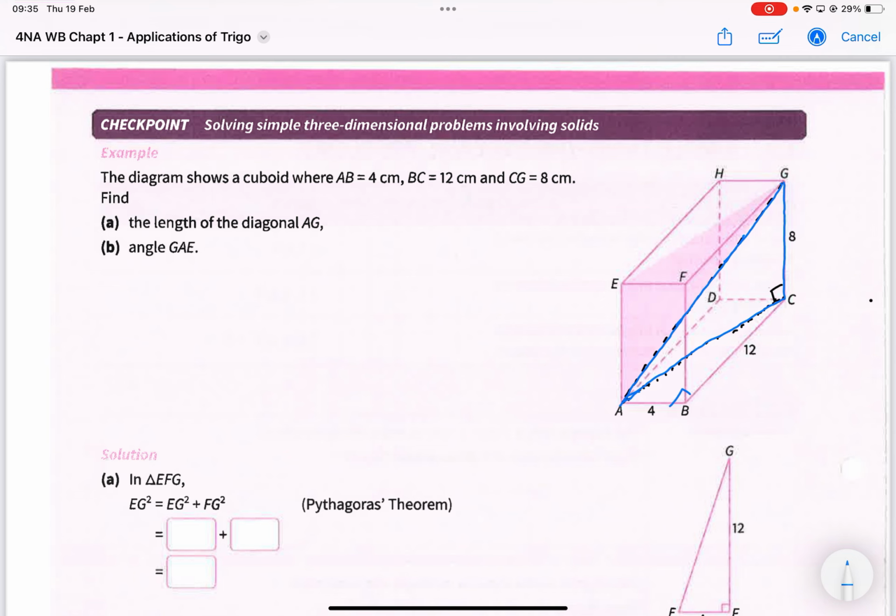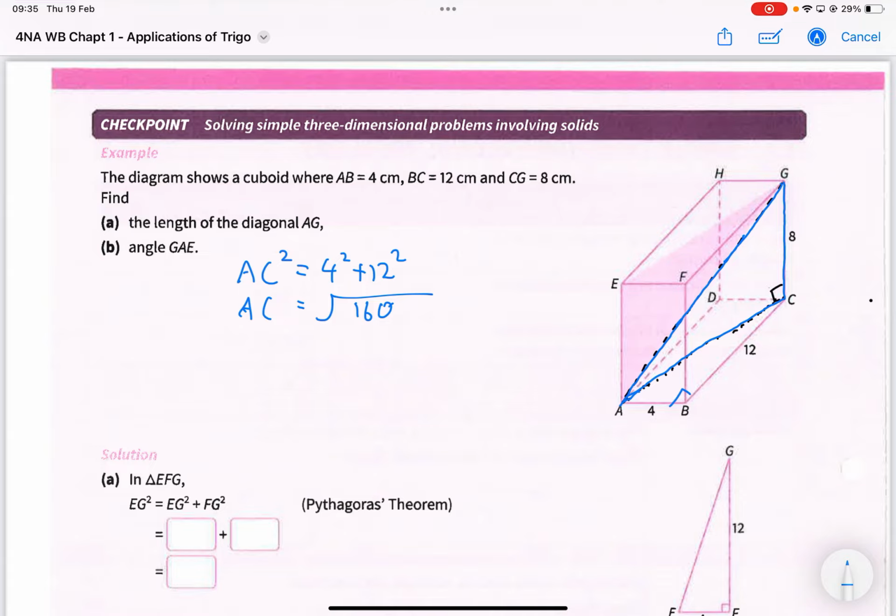So I will find AC first. AC square, the longer side, equals the two shorter sides squared and added together. So AC is square root 160.